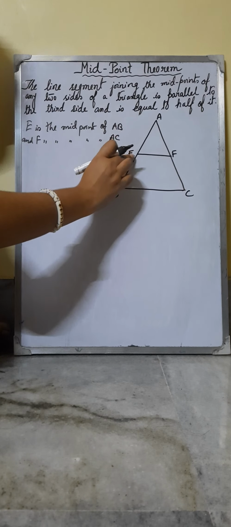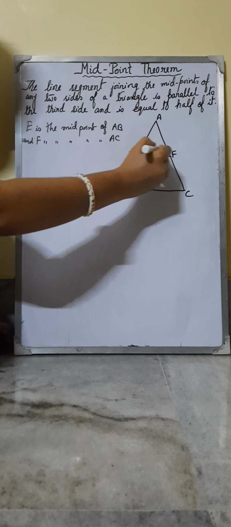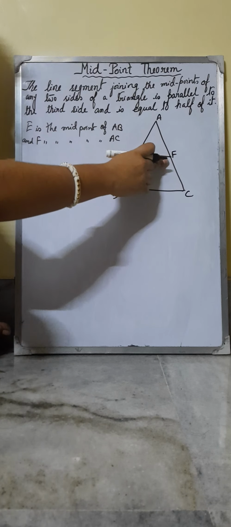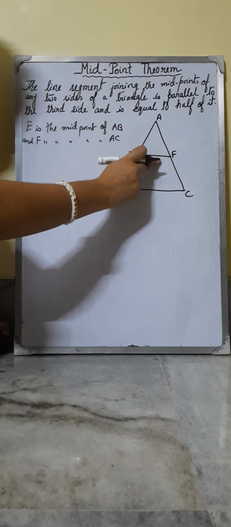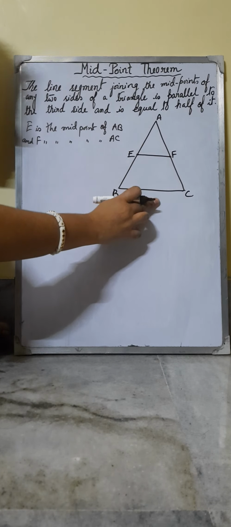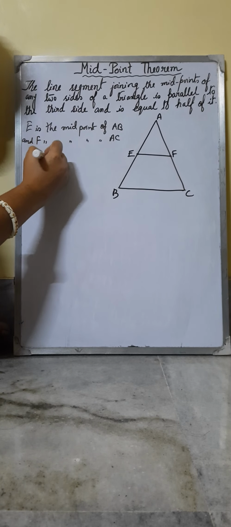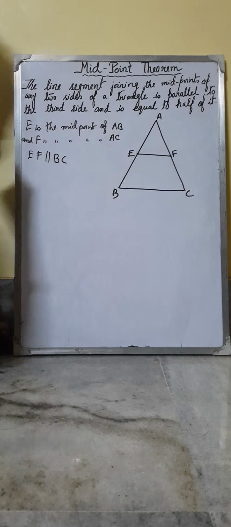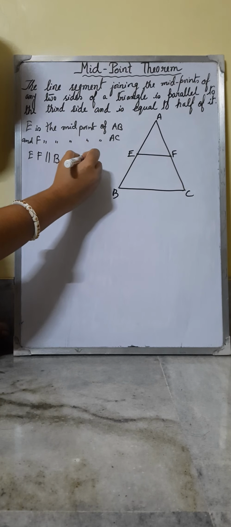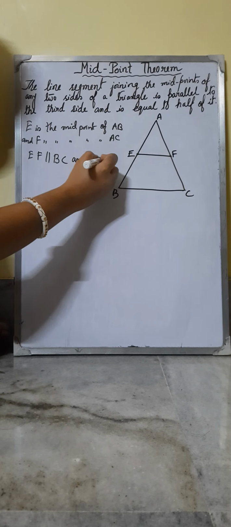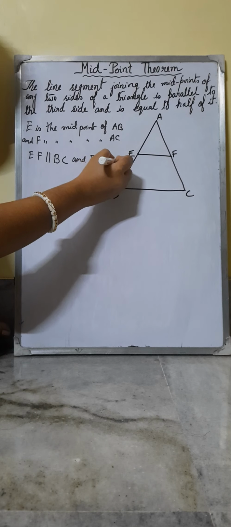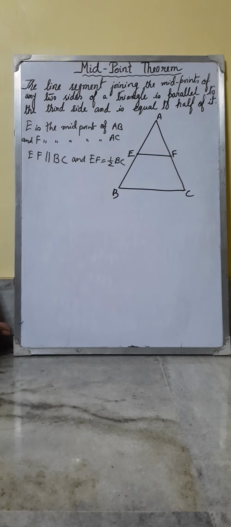Now if we join these two midpoints E and F, we get a line segment and this line segment is parallel to the third side. That means EF is parallel to third side BC and EF is half of BC. This is the midpoint theorem.